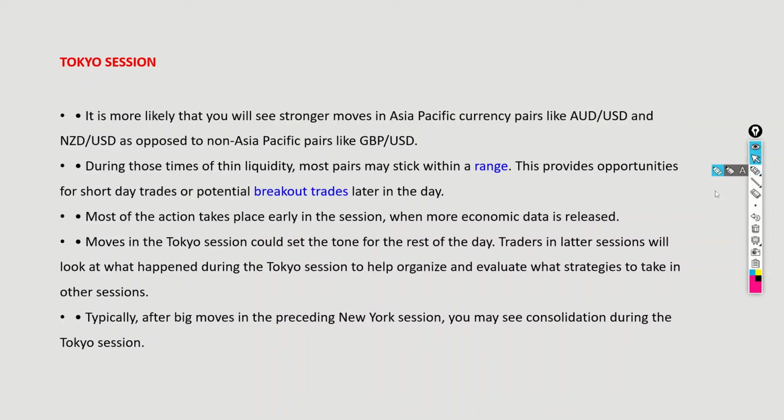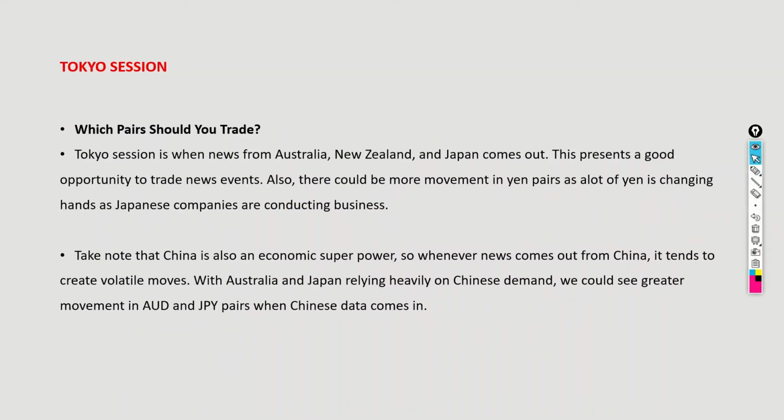All right, so we are moving forward. We are still looking on the Tokyo session. Which pairs should you trade during the Tokyo session? Tokyo session is when news from Austria, news from New Zealand, from Japan come out. This presents a good opportunity to trade news events.